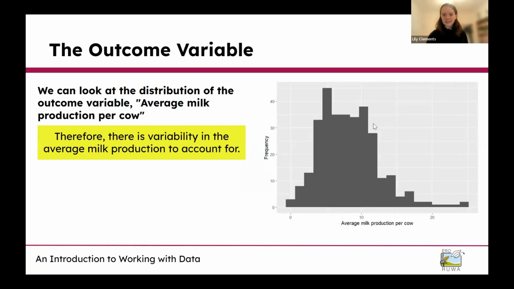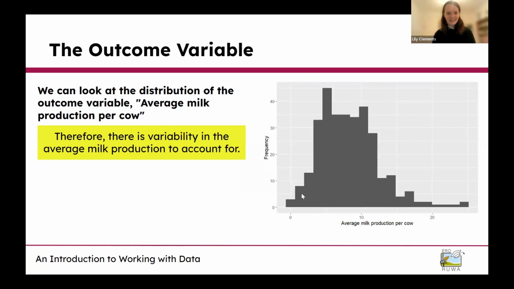As it is, we don't have one straight line up at 10. We have this huge variability between, again, around about 0 and 24, 25 liters. So some cows aren't producing any milk, and some cows are producing a lot of milk, and most cows are producing around about 4 to 12 liters of milk.